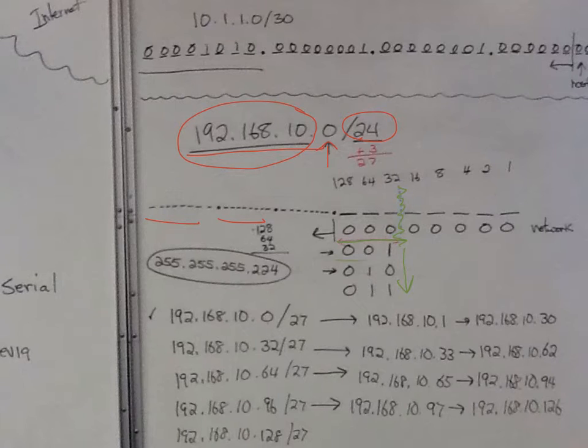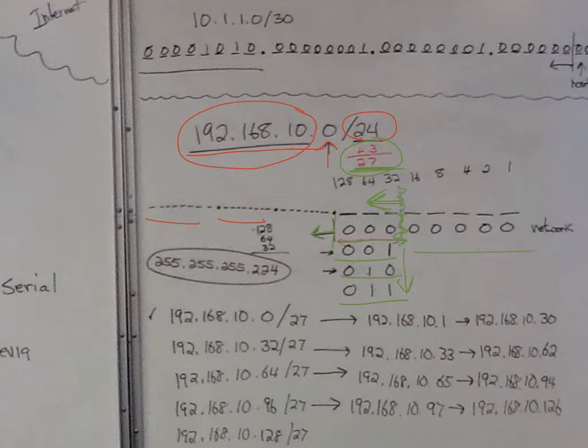0, 0, 0, 0, 0, 1, 0, 1, 0, 0, 0, 0, 1, 1, then it'd be 1, 0, 0, and so forth. So this part was going to be our network, and if you're looking up here, that's why we added 3 bits on to the prefix, because now our networks are from here over instead of from here over at 24.